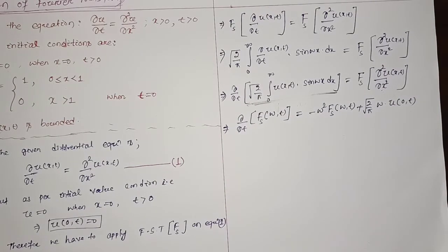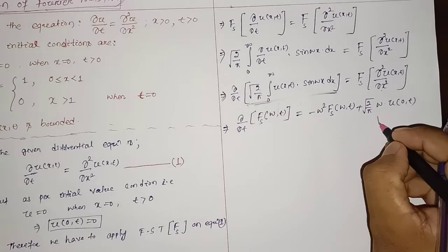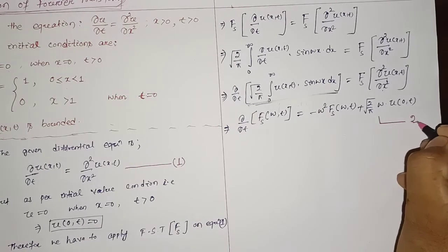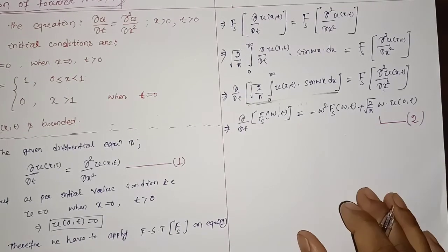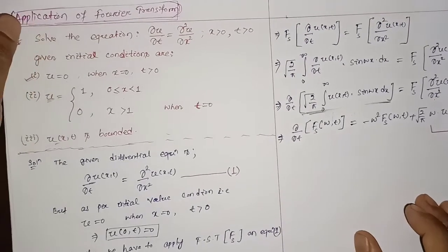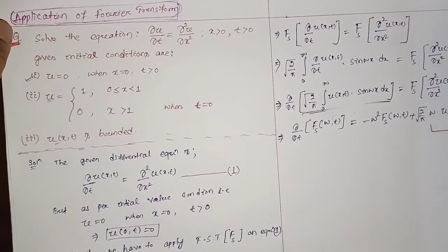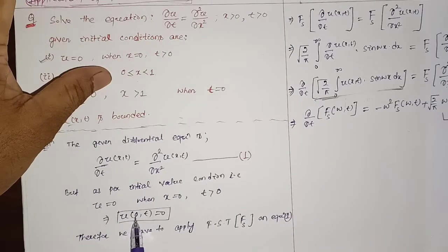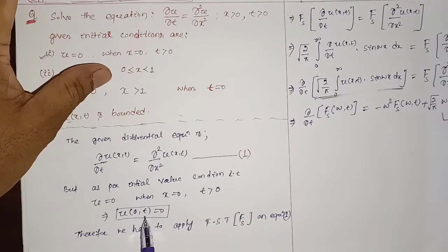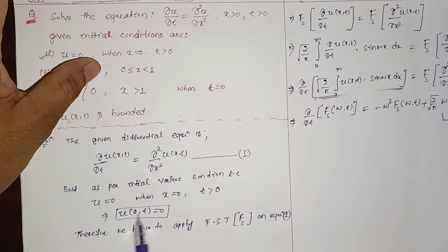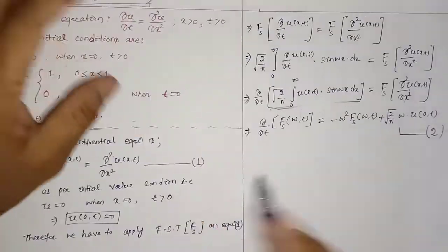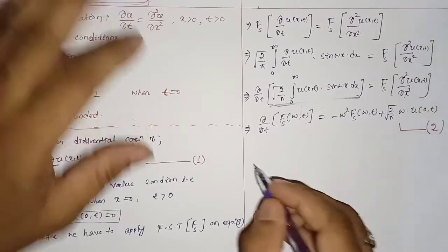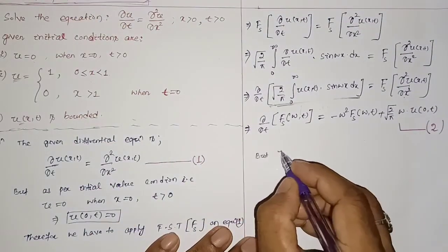Now let us consider this is your equation number 2. But from the initial value condition we have that u(0,t) equal to 0, right? u(0,t) equal to 0, one of the initial value conditions, initial value condition 1. So this term will be 0.